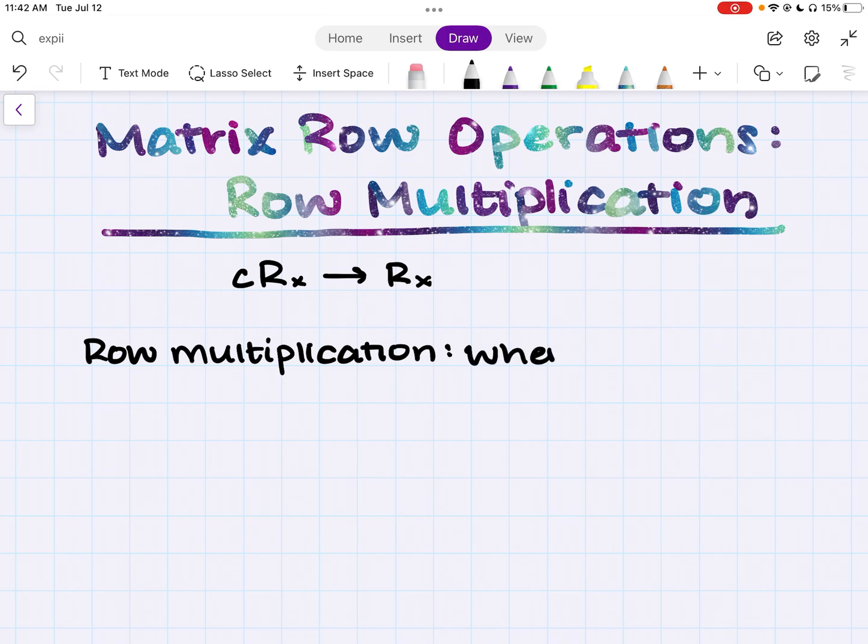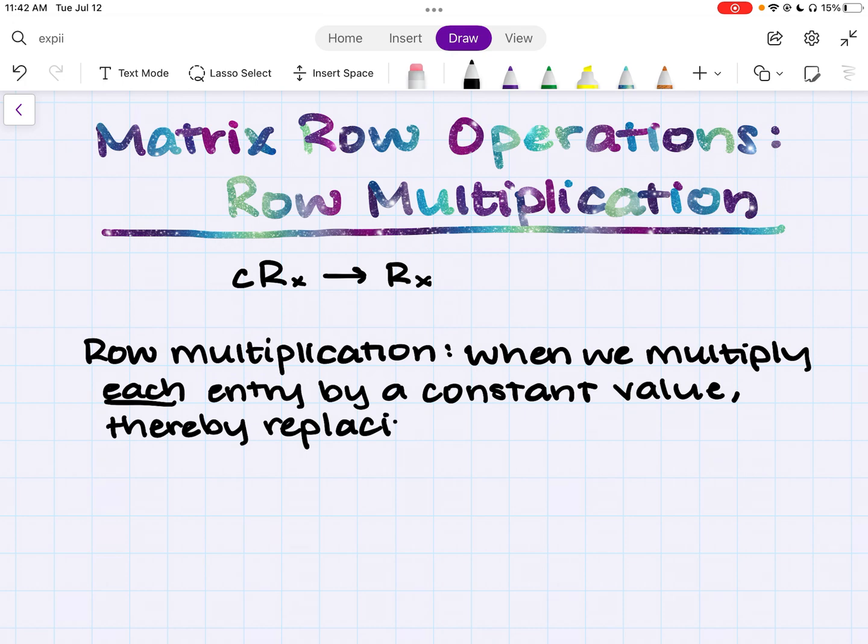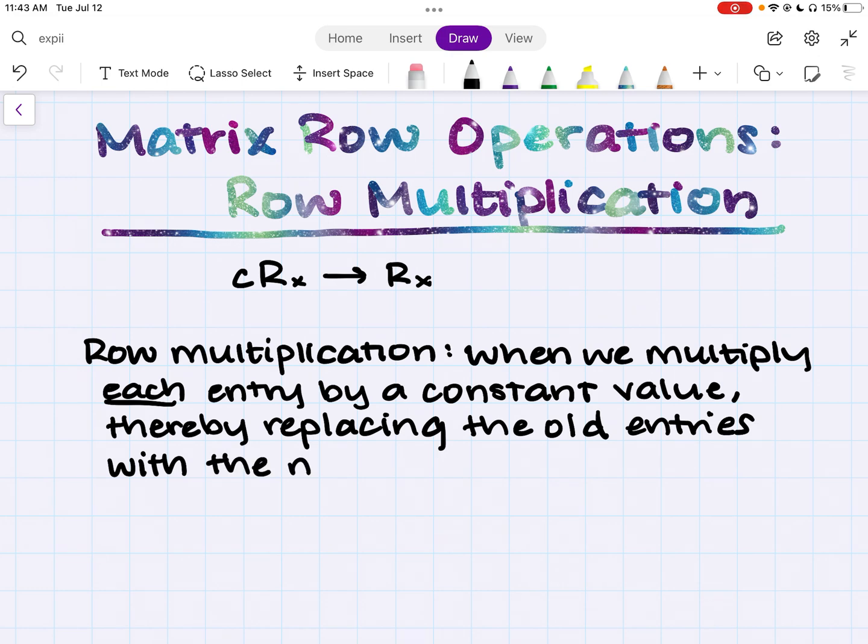That'll be when we multiply each entry, so every single entry in that matrix row, by a constant value, thereby replacing the old entries, so the original entries in the row, with the new entries.